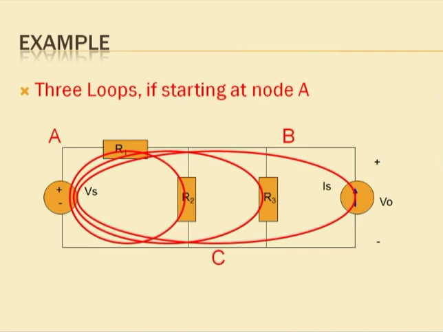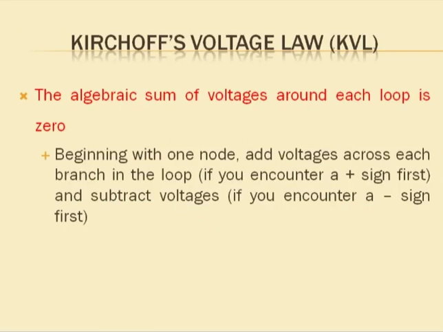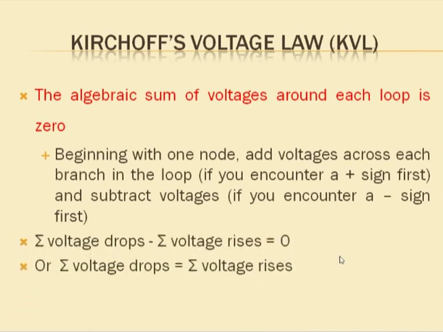It should not be that in one case we consider voltage drop positive and in another case voltage rise positive, as it will give us an incorrect result. So now, using this sign convention, we are going to discuss KVL. The algebraic summation of voltage drops, which we consider positive, plus the algebraic summation of voltage rises is equal to 0.